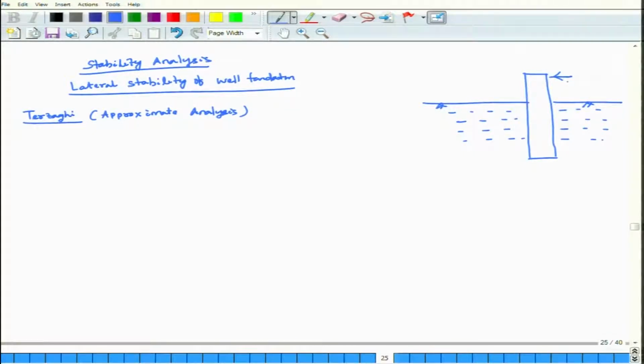So, Terzaghi's solution for a free rigid bulkhead can be used for an approximate analysis of well foundations. So, when a rigid bulkhead embedded in a sand mass moves parallel to its original position, the sand on its front is transferred into a passive state. Let us see how it is happening.